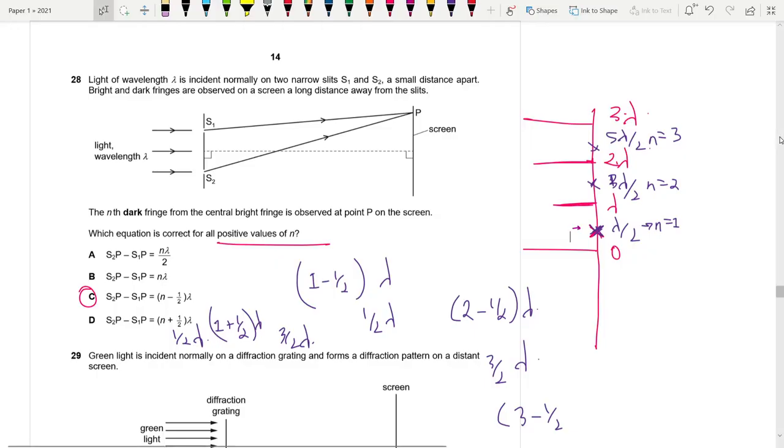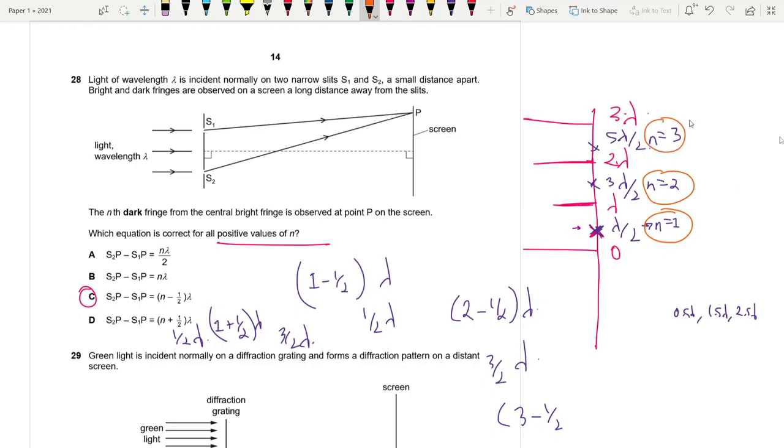Think about it logically. Lambda by 2 will be our n equals 1. Then 3 lambda by 2, or 1.5 lambda, is the next minima. This is the pattern for minima: 0.5 lambda, 1.5 lambda, then 2.5 lambda, and so on. So n is equal to 1, n is equal to 2, and n is equal to 3, that's the third minima.